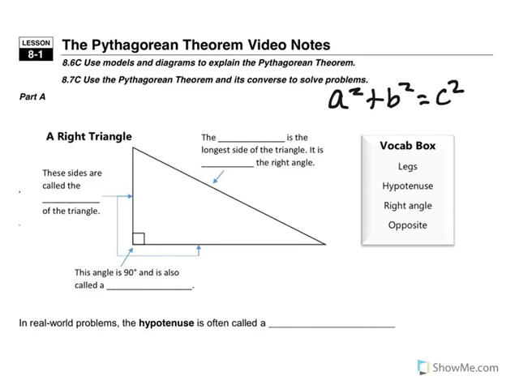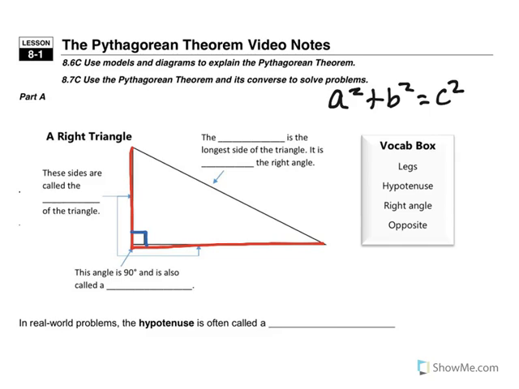The Pythagorean theorem only applies to right triangles, so let's begin by discussing what those variables mean as they relate to a right triangle. In a right triangle, we have two legs. This line is considered to be a leg, and this line is considered to be a leg. The way you will know your legs is because they will be the two lines that are perpendicular and form the 90-degree angle in your right triangle.